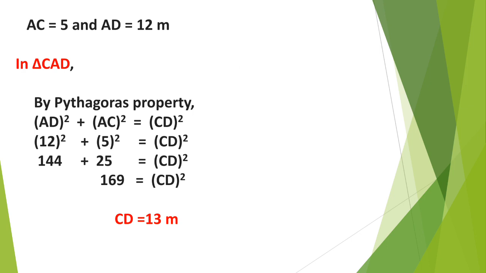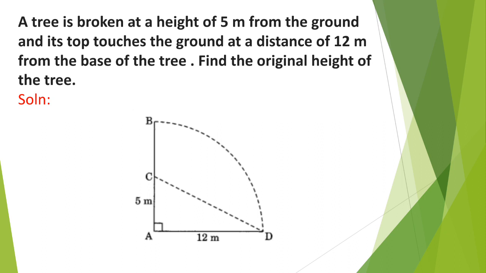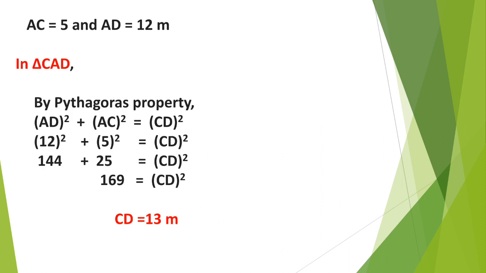Using the measurements, 12 square plus 5 square. 12 into 12 is 144. 5 into 5 is 25. Total 169. CD square is 169. If we take the square root, we will get 13, since 13 into 13 is 169. So, CD will be 13 meter.